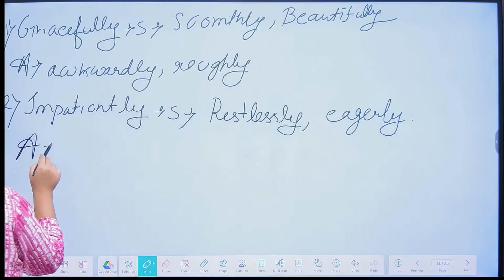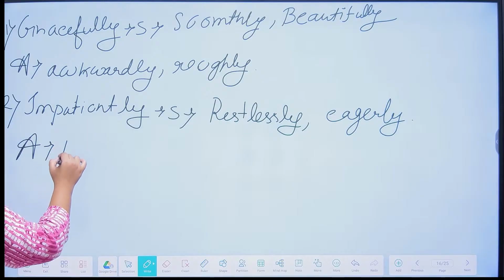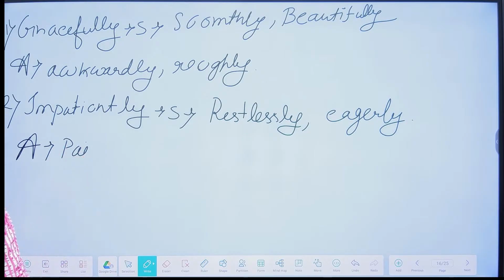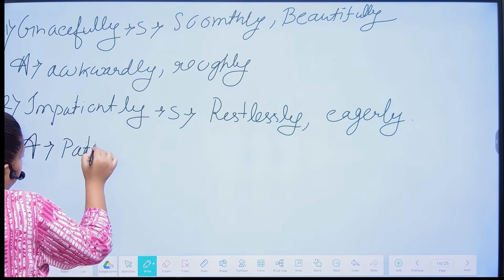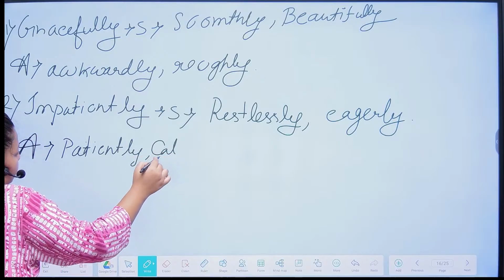Now, the antonym of impatiently is patiently and calmly.